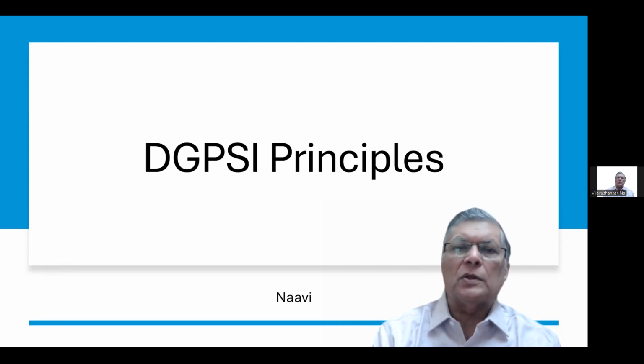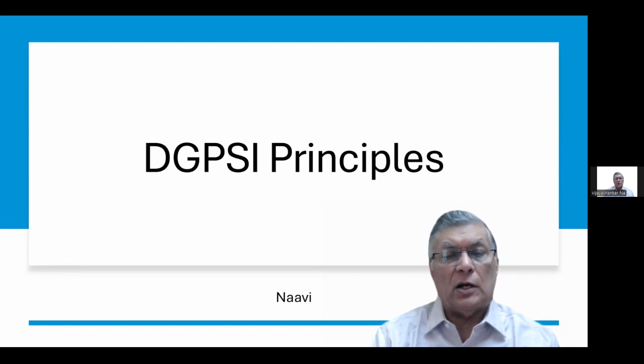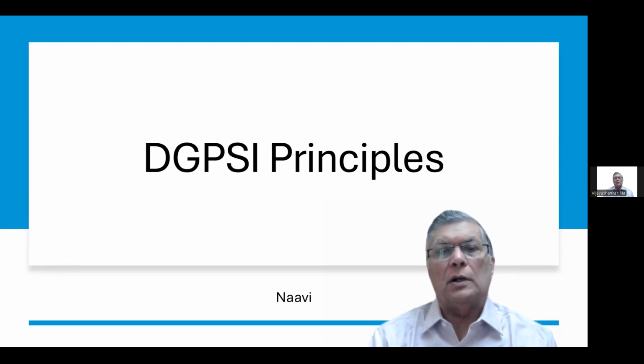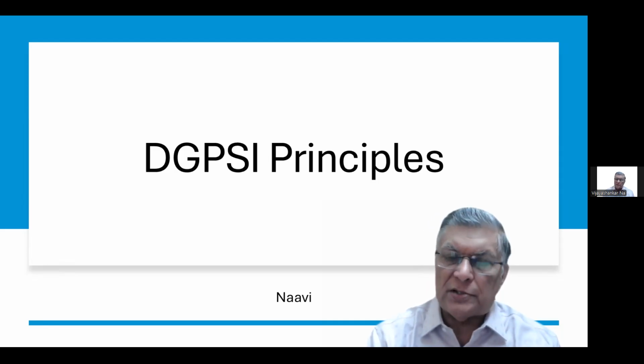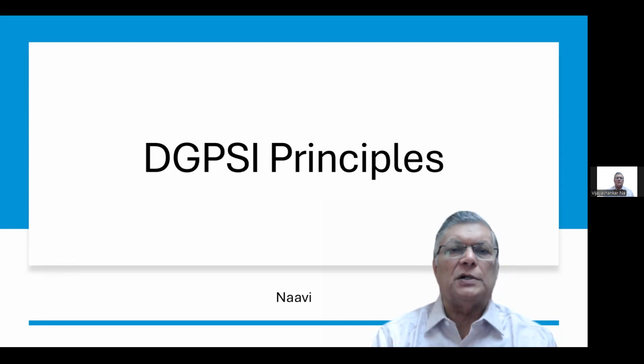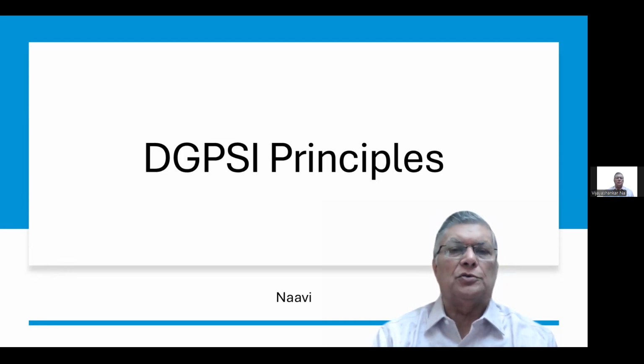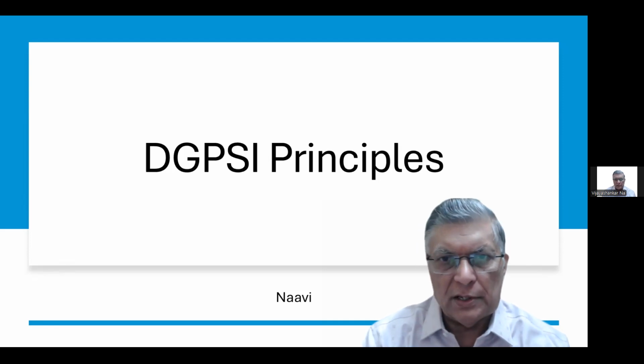We also covered the principles of data protection, personal data protection, in the draft requirements which the Bureau of Indian Standards had published for data governance and data protection.